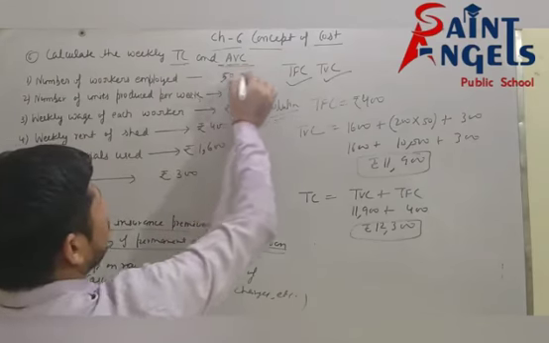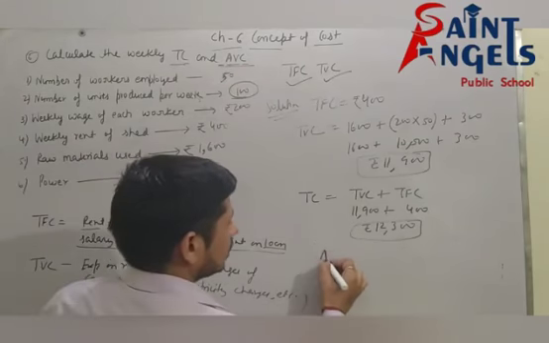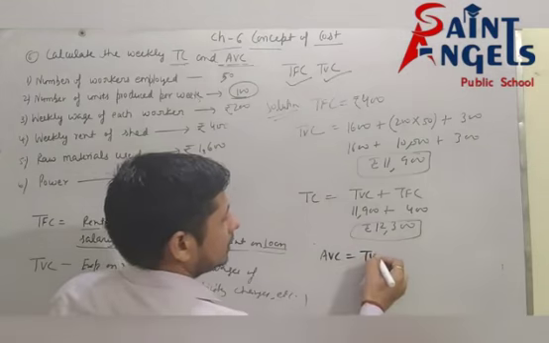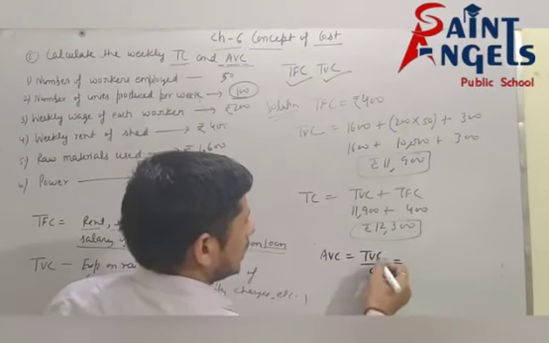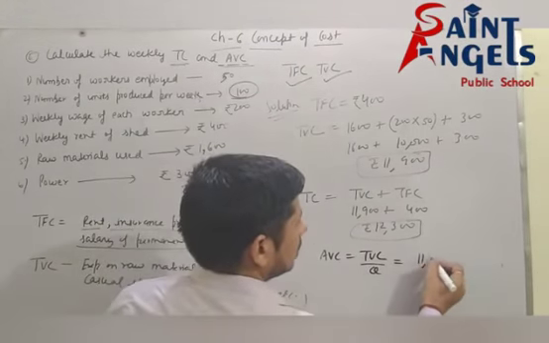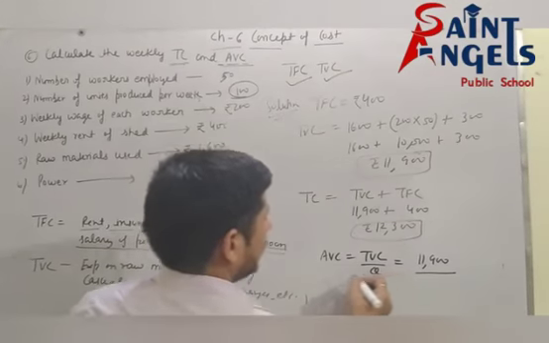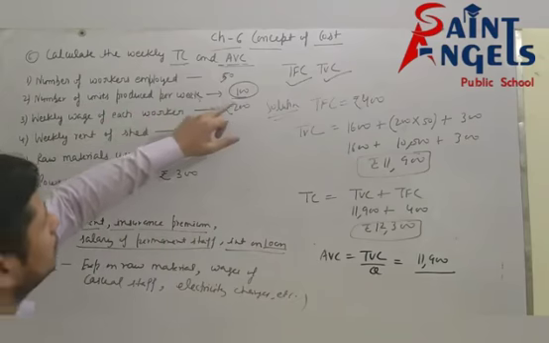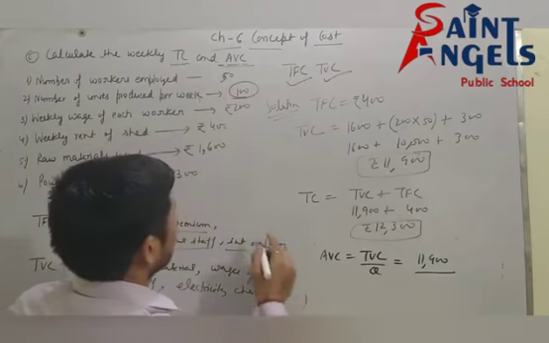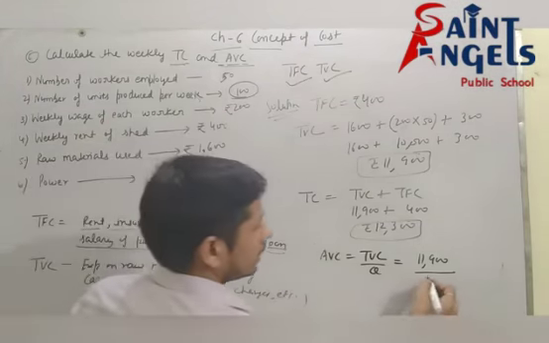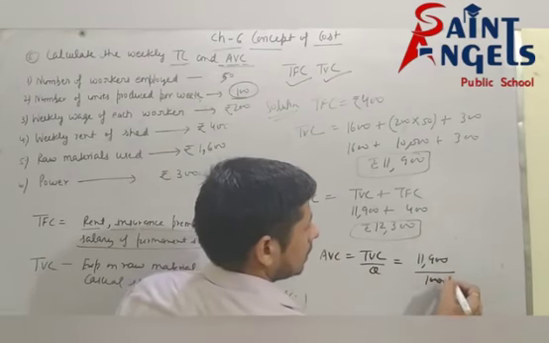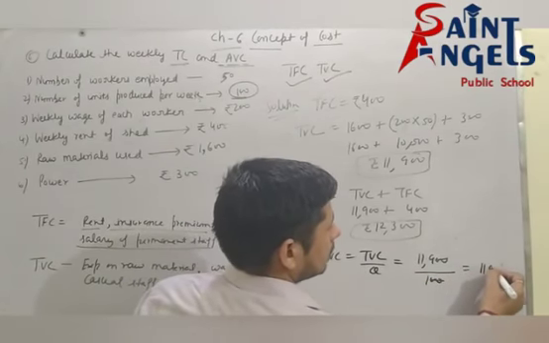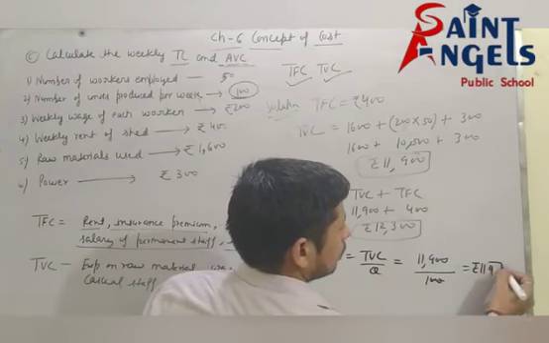But how will you calculate AVC? So you know that what is the formula of AVC? TVC divided by Q, and TVC is here 11,900 and Q is number of units produced per week, means 100. So Q is equal to 100. So divide by 100 means we will get rupee 190.